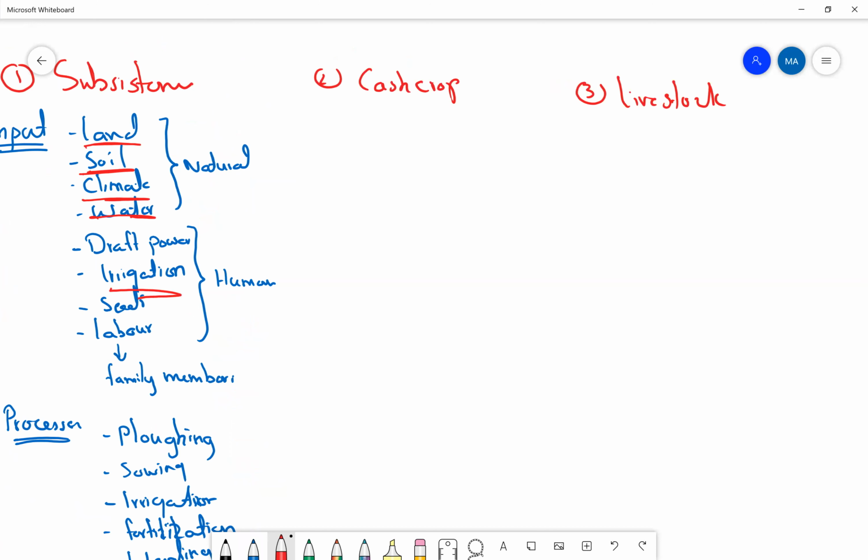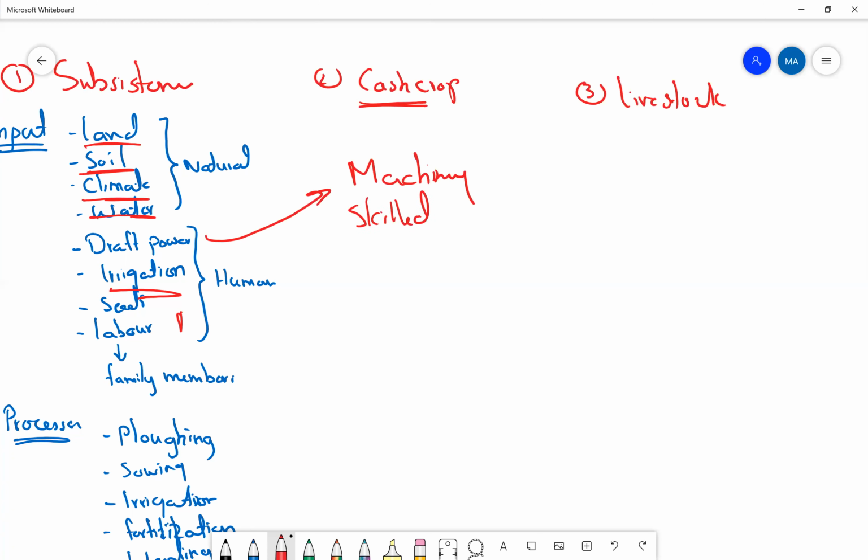Here you'll also need machinery. So I'm going to write the elements that are unique to a cash crop farm in a list under the heading cash crop in red. So machinery is needed as part of the inputs, human inputs. You need very skilled labor.